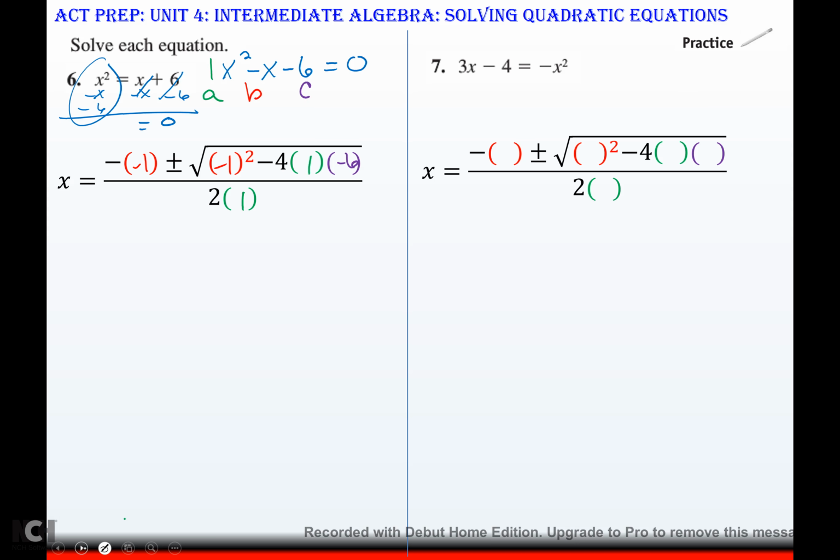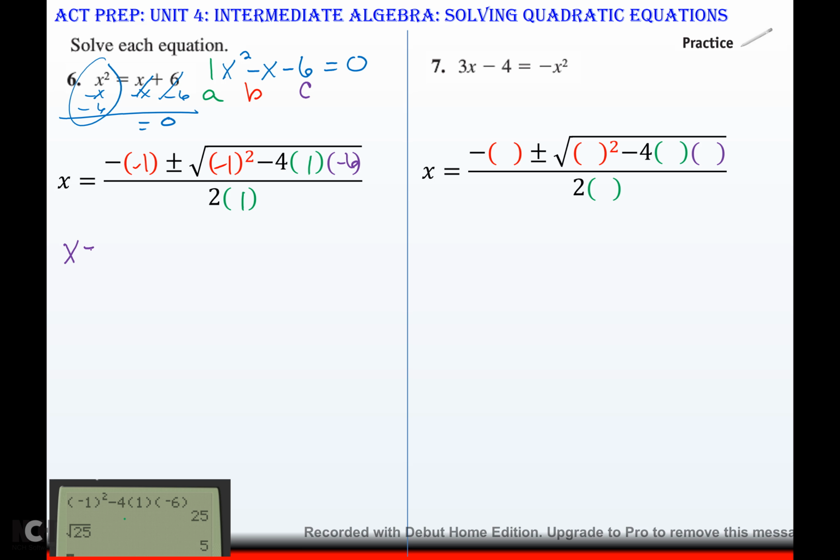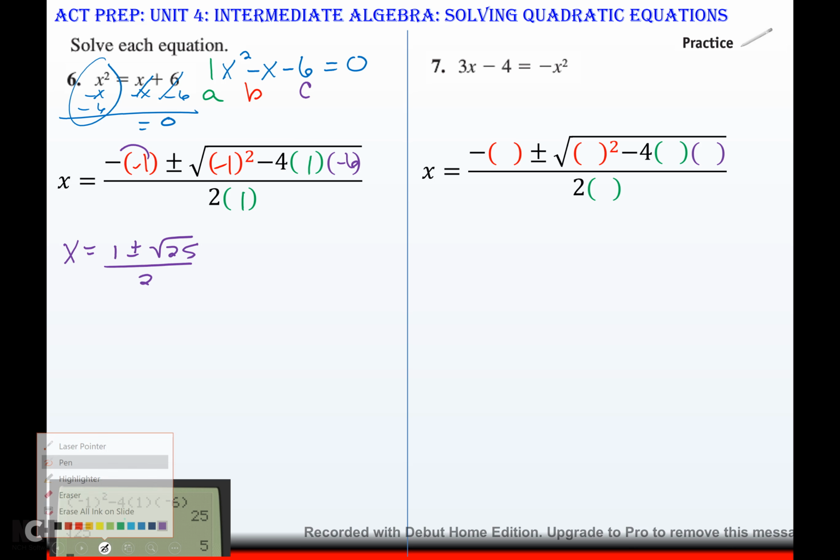Typing in underneath the radical, I get 25. So I have x equals positive 1 plus or minus the square root of 25 all over 2.